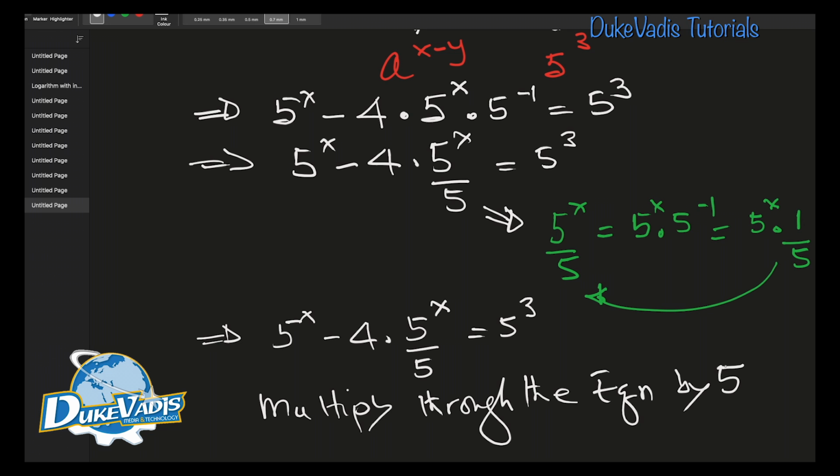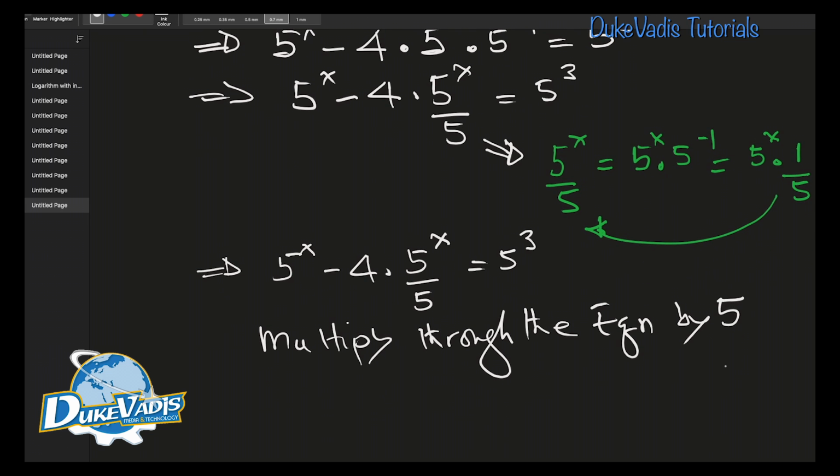We want to get rid of the fraction, the denominator. So this means 5 is multiplying 5 to the power x minus 4. As we know, the 5 is going to cancel this. So we have dot 5 exponent x is equal to 5 exponent 3 times 5.